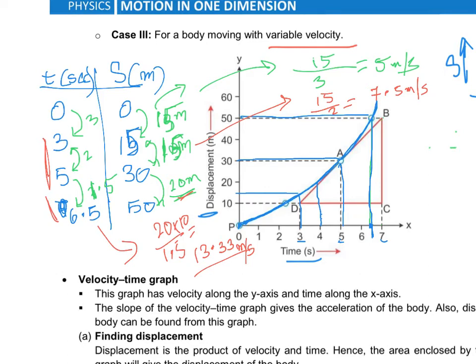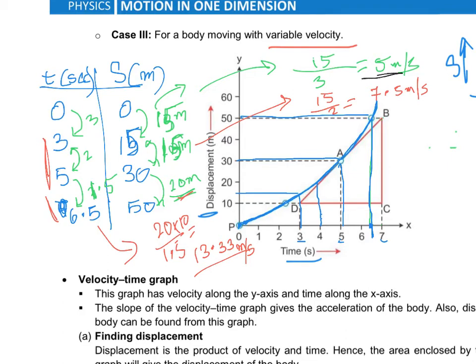This is normally our motion, right? We start cycling, we start our bike, and slowly we're increasing the speed. As we go more time, the speed increases. It started at 0 meter per second, and within 6.5 seconds, it has given me 13.33 meter. See how it has increased?